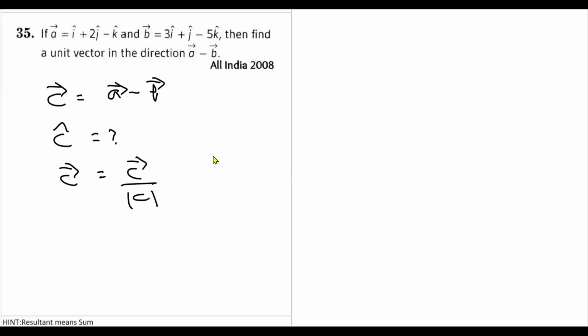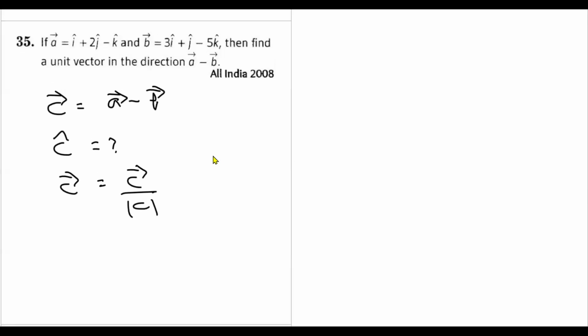First I'm going to obtain the C vector, which is A minus B. So A is i plus 2j cap minus k cap, and then we'll place a minus B, which is 3i plus j minus 5k cap.